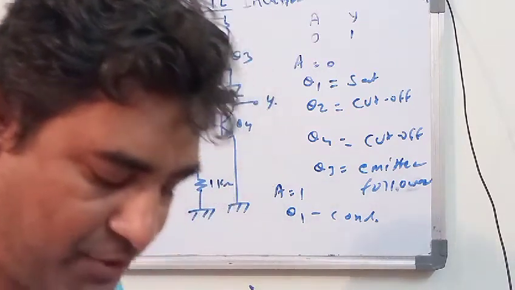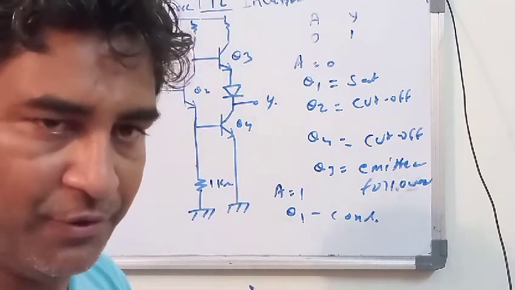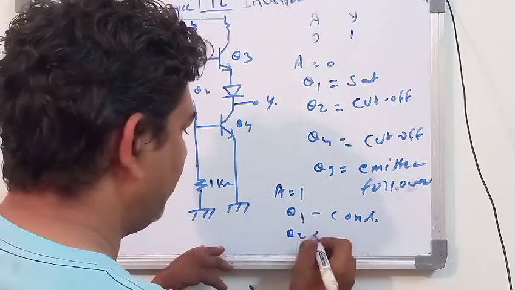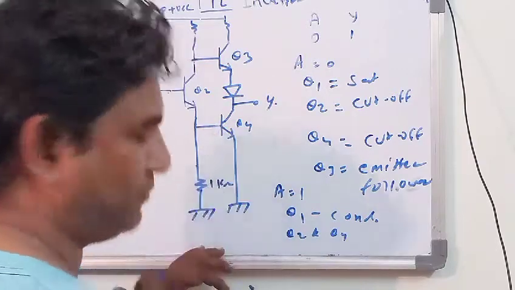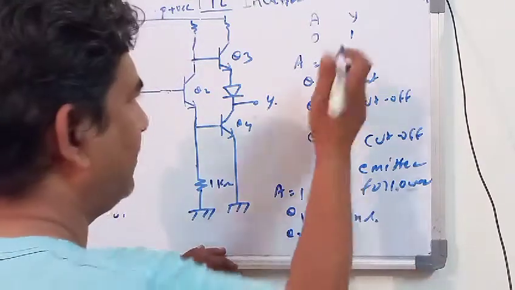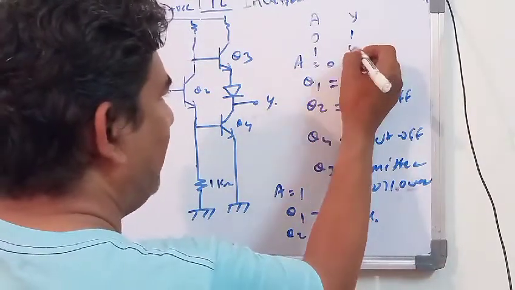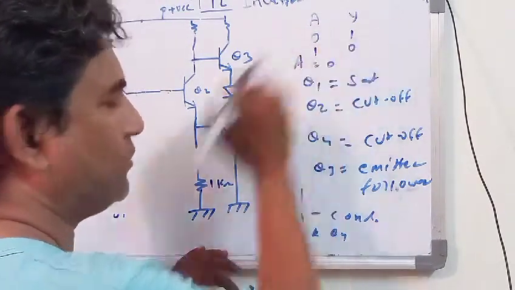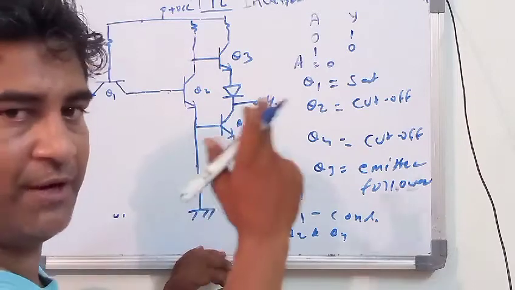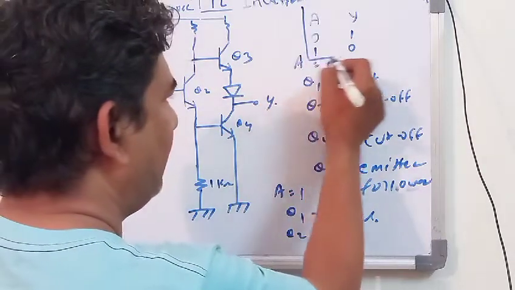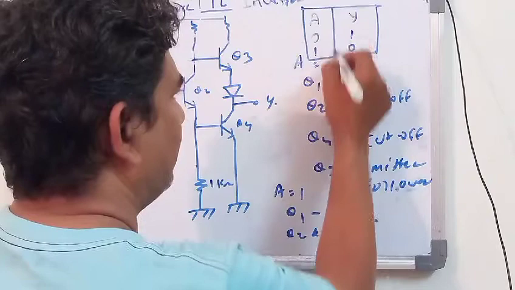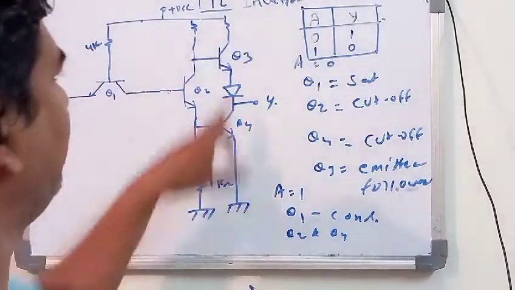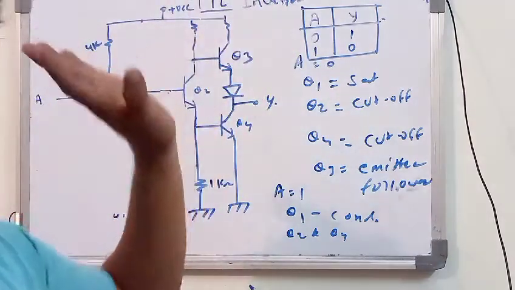As soon as Q2 and Q4 go into saturation, the output will be 0. So you may say 0, 1 and 1, 0 will look like this. From this, you may say that this circuit behaves like a TTL inverter.